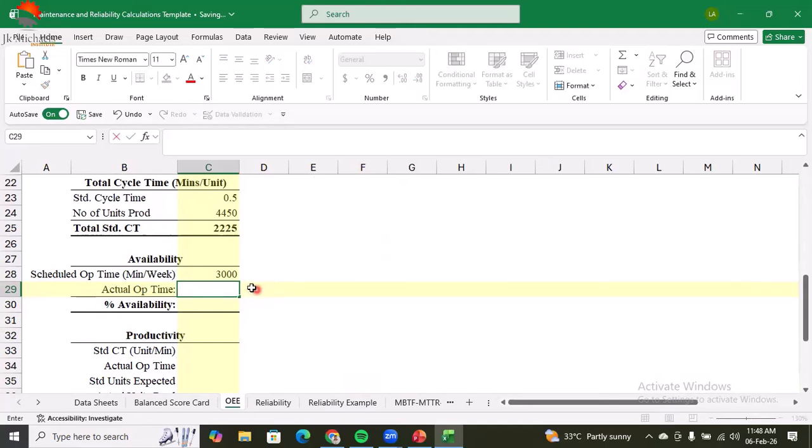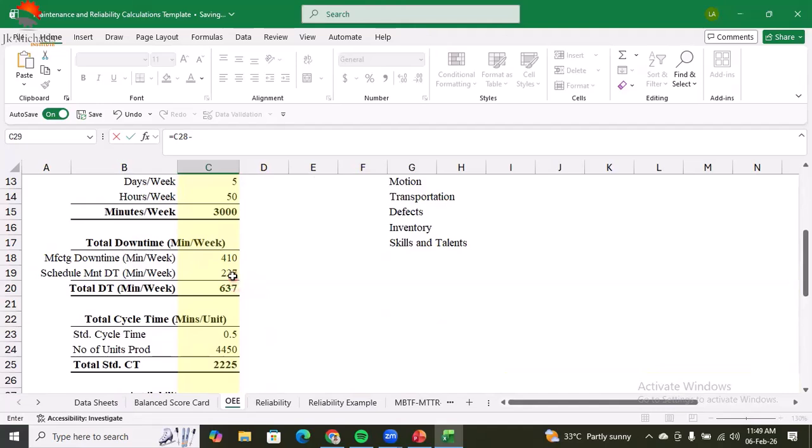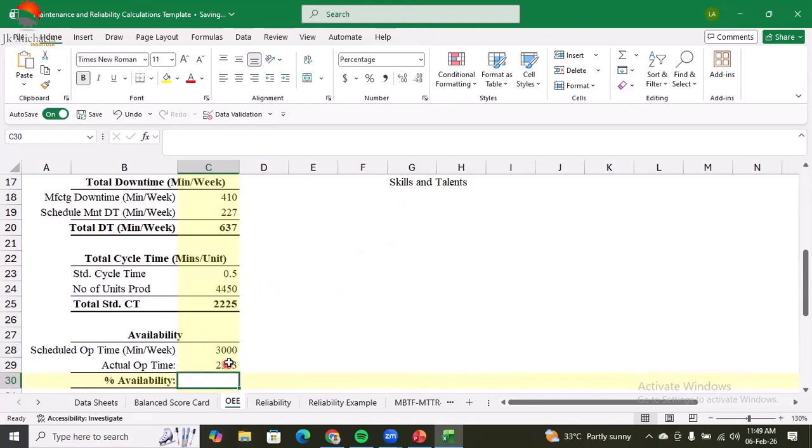So our actual operation time will take our, let's call it perfect scheduled operation time, and subtract from it the downtime. So this is the operation time without any downtime, and we'll subtract downtime. And our actual operation time comes to 2,363 minutes per week.